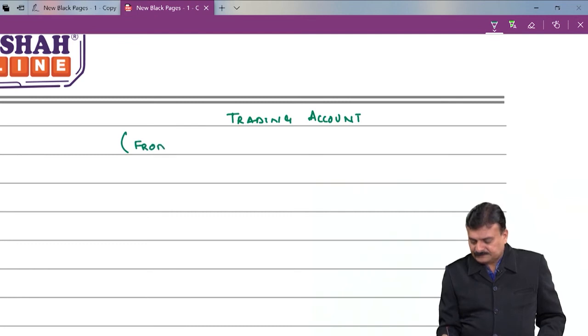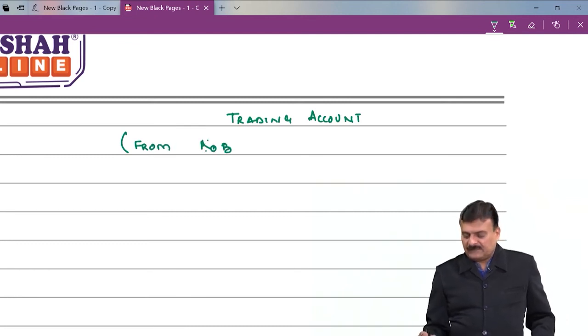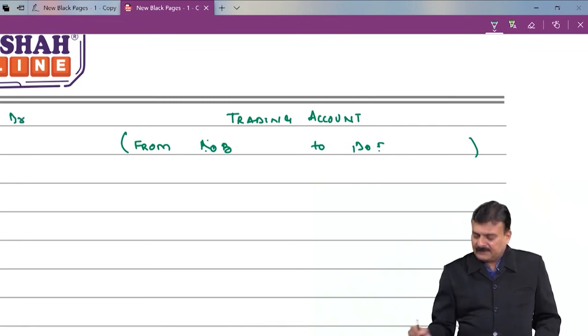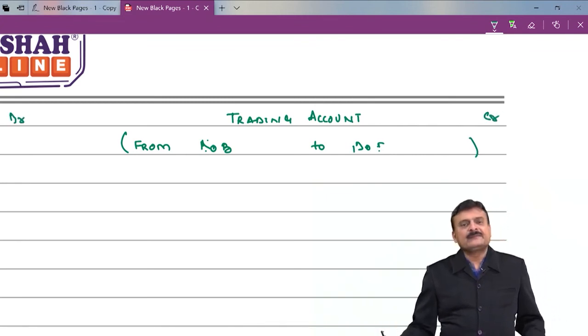From the date of beginning of the year to the date of fire. A trading account always will have a debit and a credit.